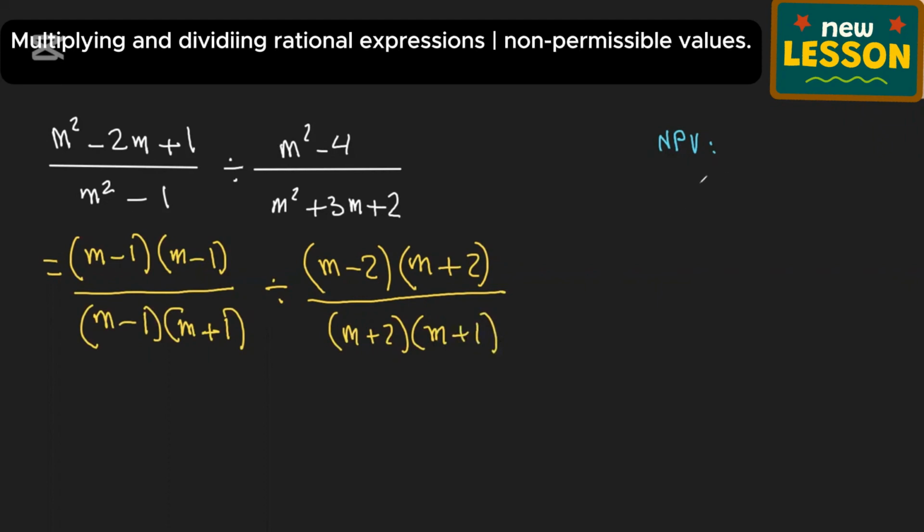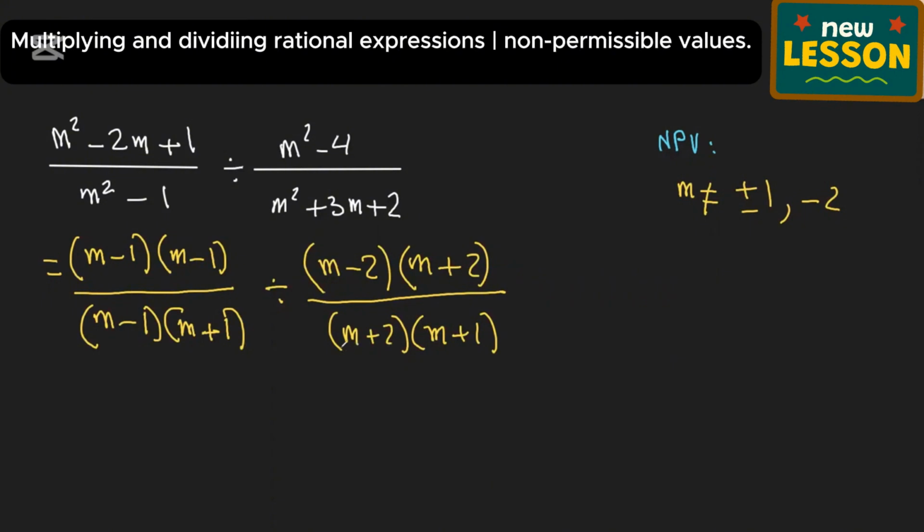Now I'm going to start telling what my non-permissible values are. So m cannot equal 1 and -1, because 1 makes this 0, -1 makes that 0. So plus or minus 1. Also from here, it's -2 and -1, but we already indicated the -1 there. But when you're dividing, you remember I said you always get your non-permissible values from the bottom or the denominators of the fraction.